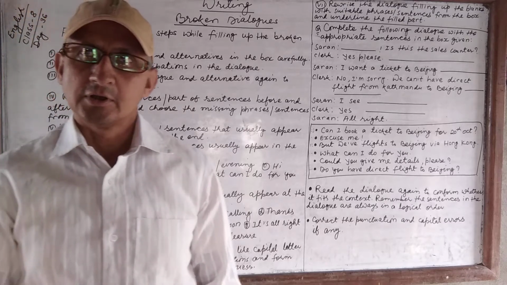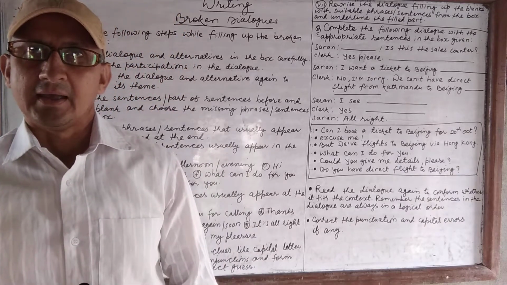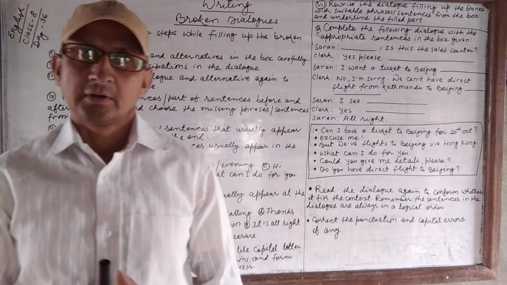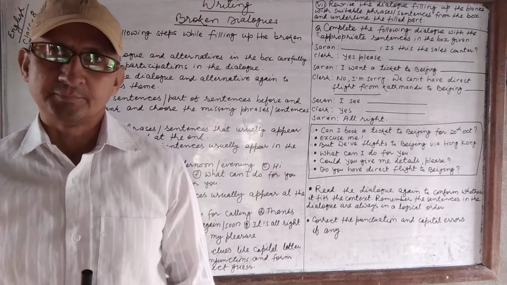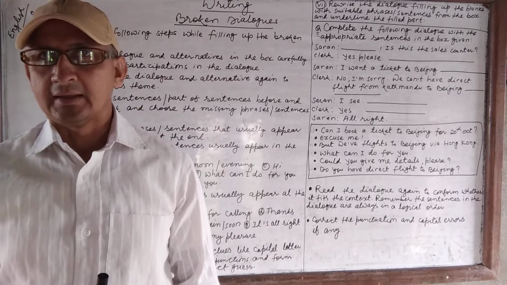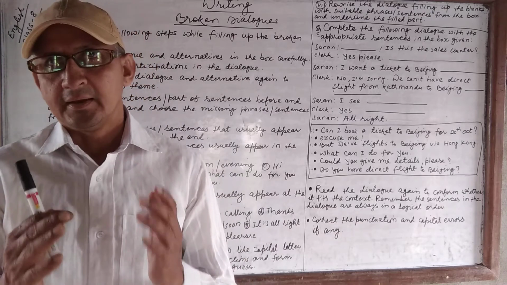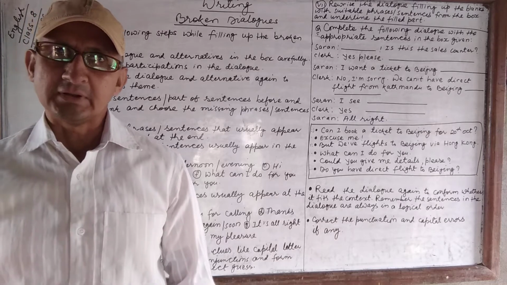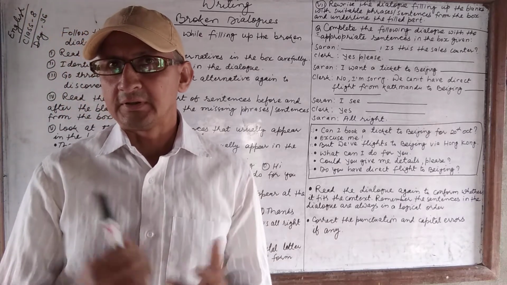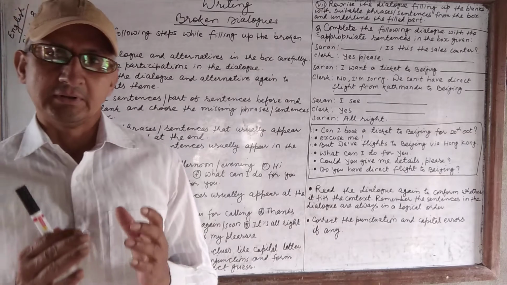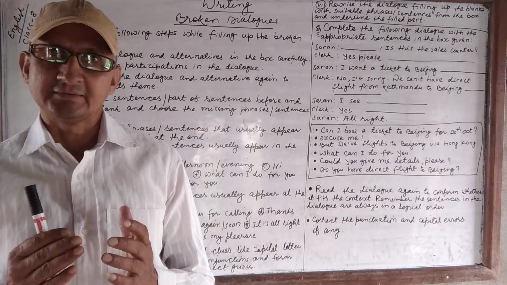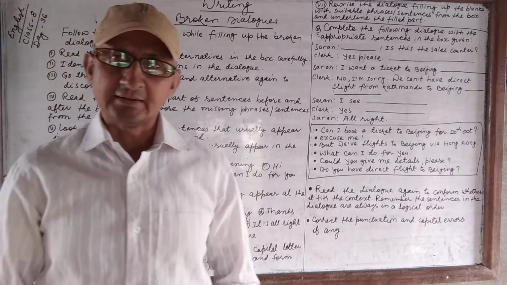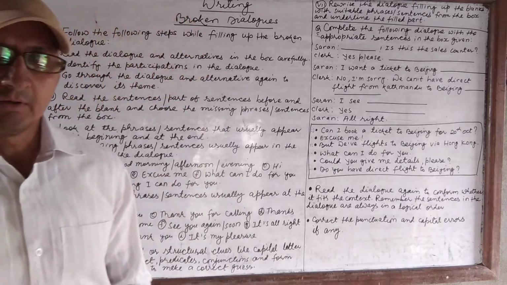It is called a broken dialogue, as 6 sentences, clauses, or phrases of the dialogue are removed and given in a box below. Your job is to fill up with a suitable phrase, a suitable sentence, a suitable clause. It carries 5 marks in your exam.